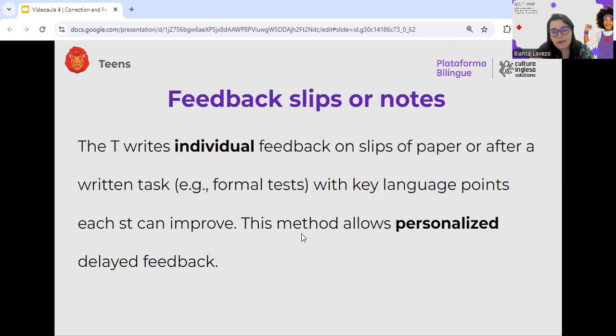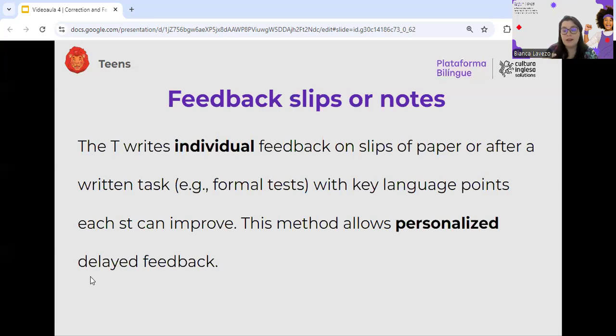I also got here the last one that I included, this one here. This is a more time-consuming activity, but it covers an aspect that is important. Let's imagine there is a written task, a text they have to write, or their formal tests, they make mistakes, and you can write individual feedback for them.